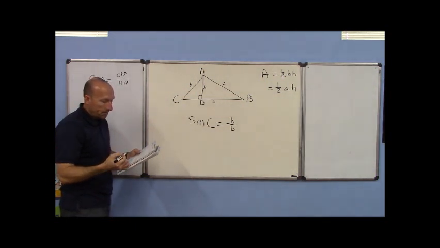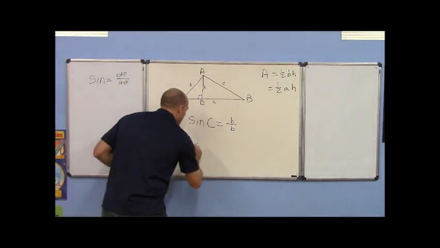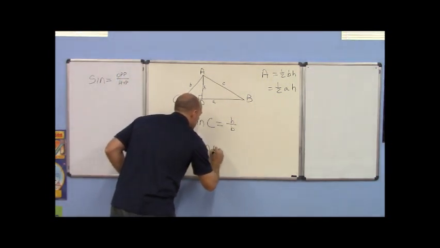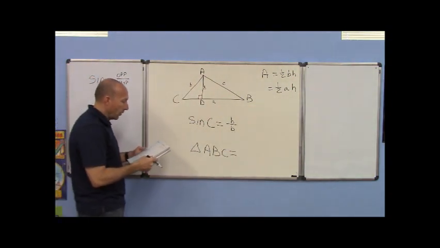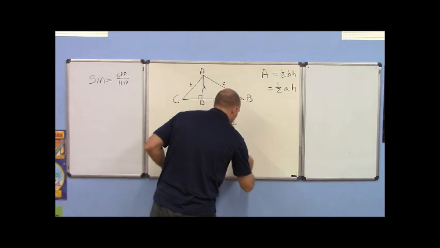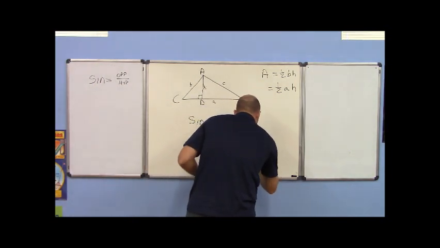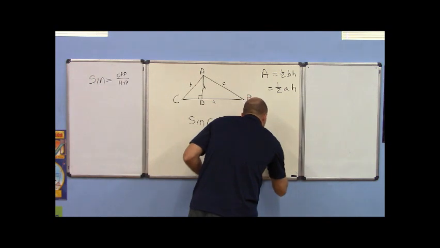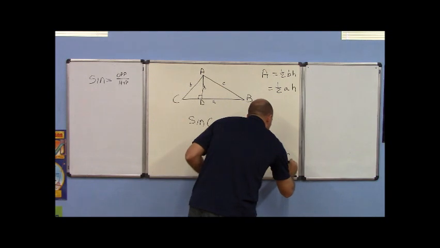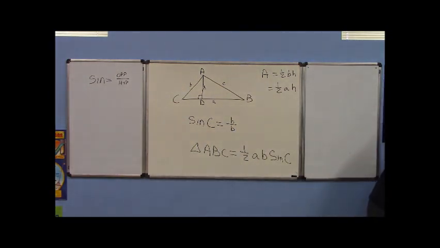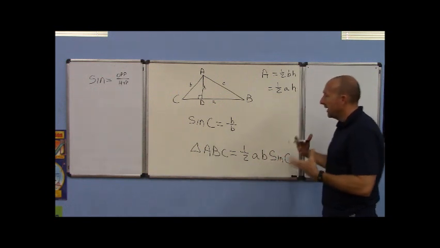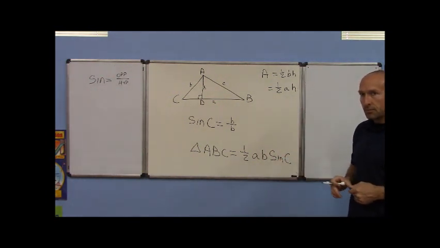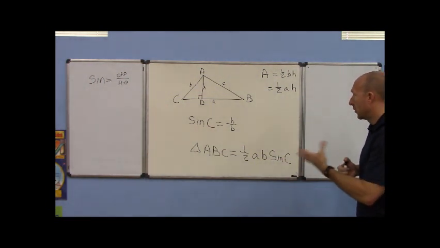For area, for the triangle ABC, we can do 1/2, I'm just going to give this to you, AB sine of C. Okay, I'm jumping ahead of what the book is telling us we can use so that we can go backtrack and understand why. Okay, I think this will be a little bit more simple.